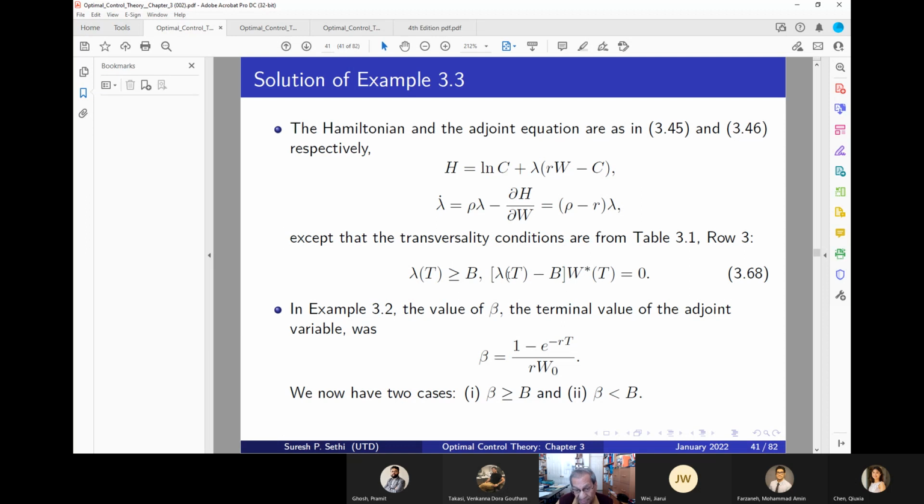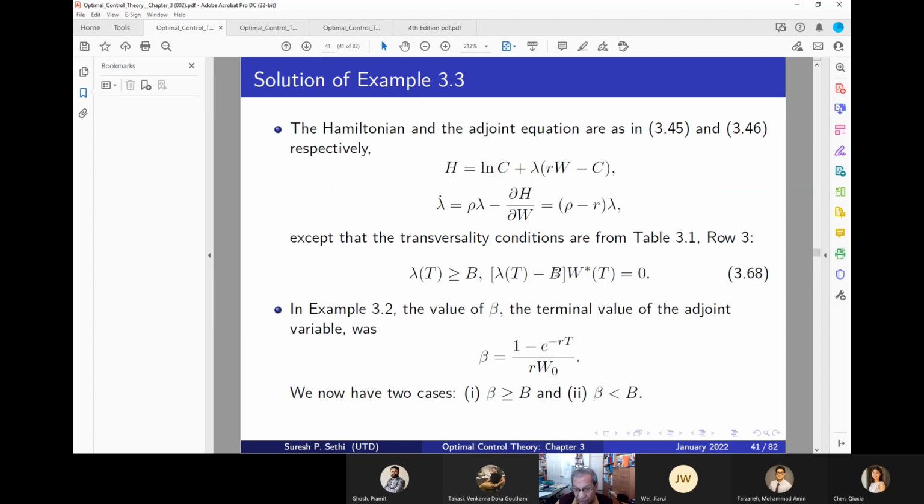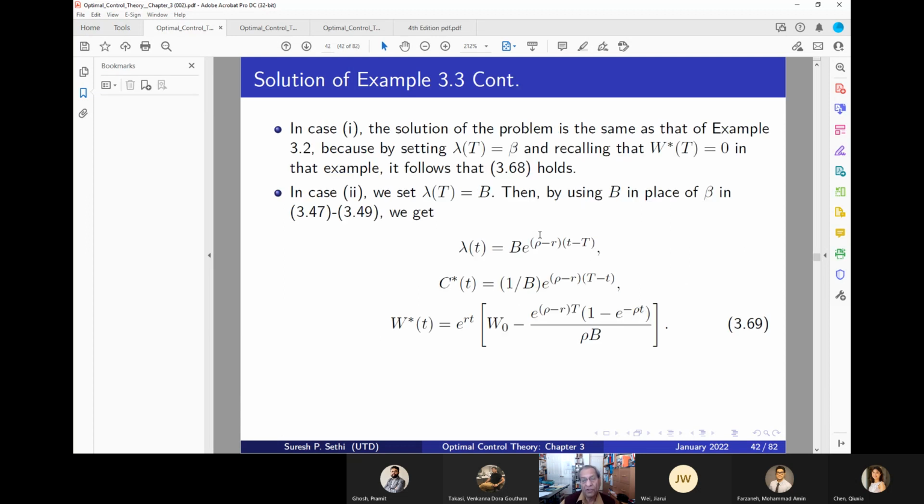And so if you set lambda t equal to B, then W star t will be bigger than or equal to 0. But lambda t, now that difference would be 0, because I set lambda t equal to B, so that difference becomes 0. And this can be whatever it can be. So this product is still 0, and 3.68 is satisfied. So notice, WT is kind of half free.